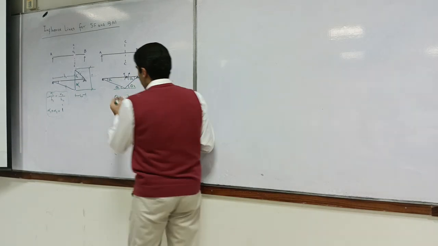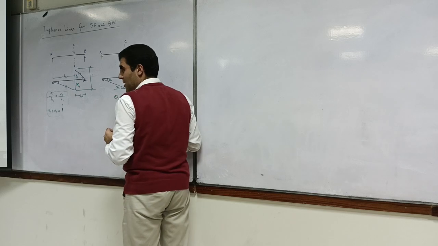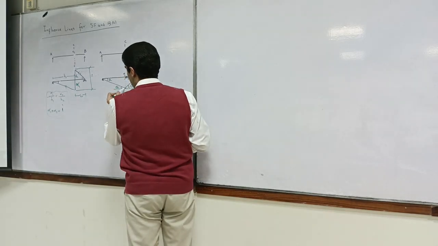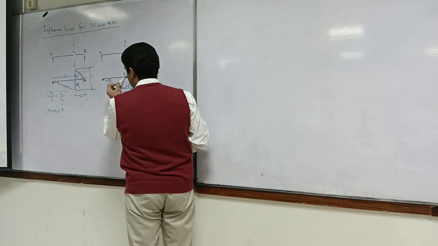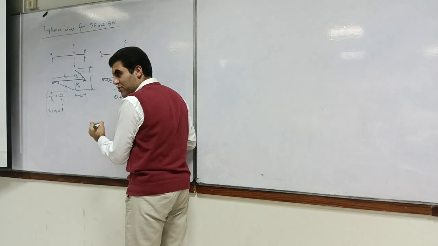So how should I find out this dimension if I know theta 1? Yes, so we have to do rise over run.